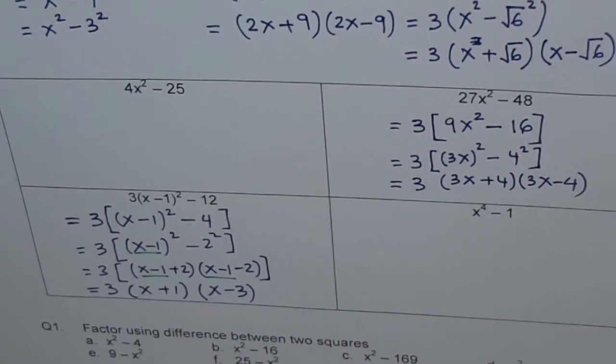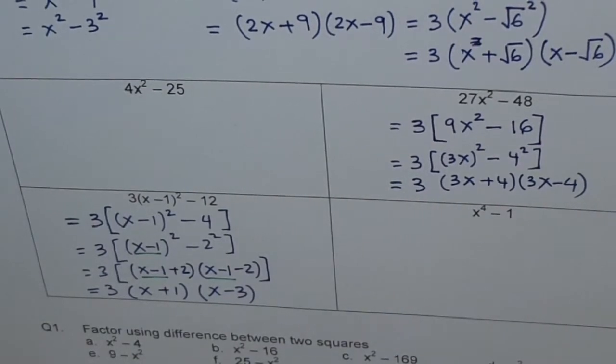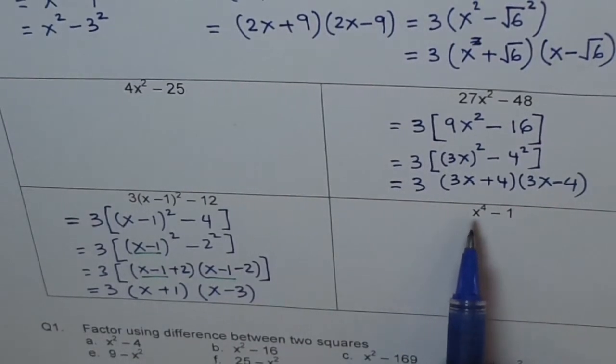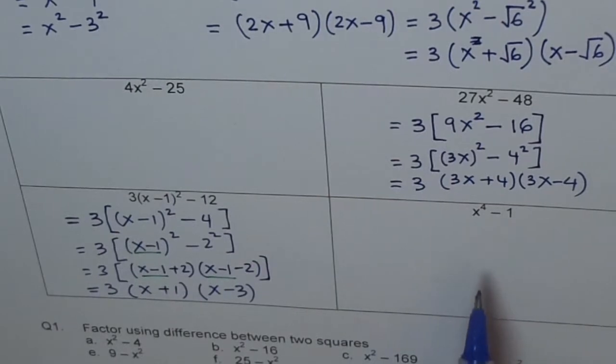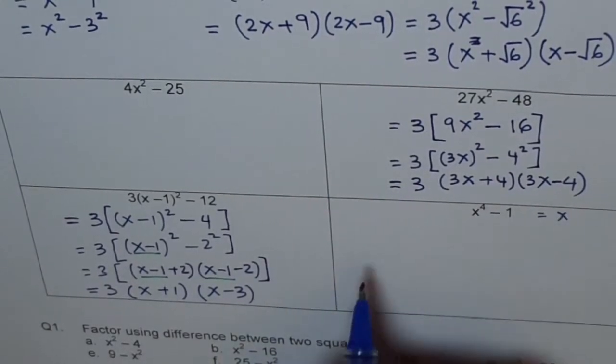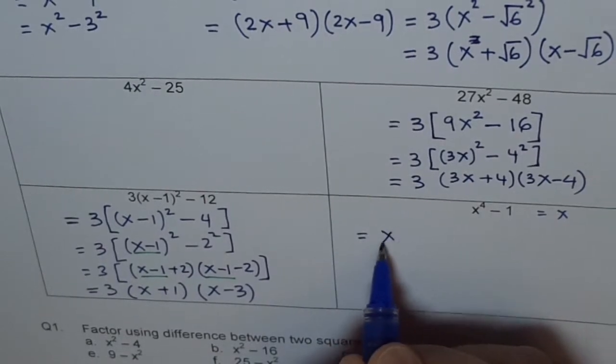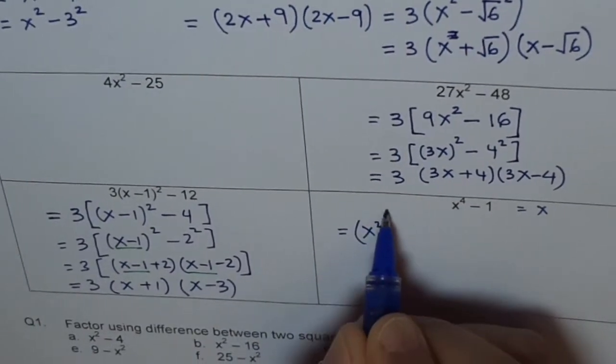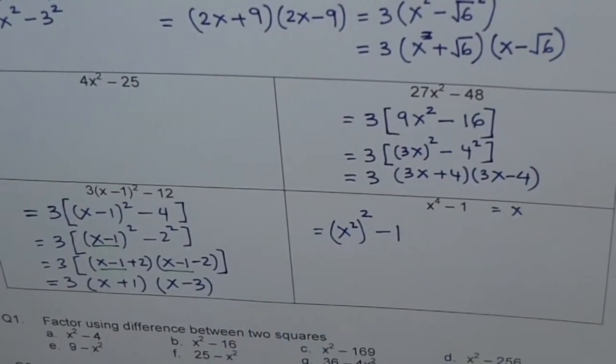Correct? Yes. Now this question. Here we have x to the power of 4 minus 1. X to the power of 4 is square of x squared. So I can write this as x square whole square minus 1, okay.